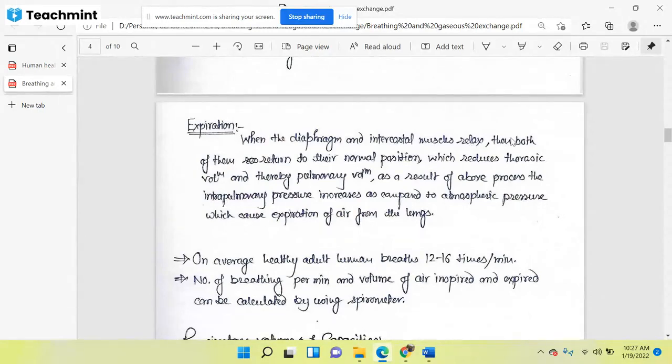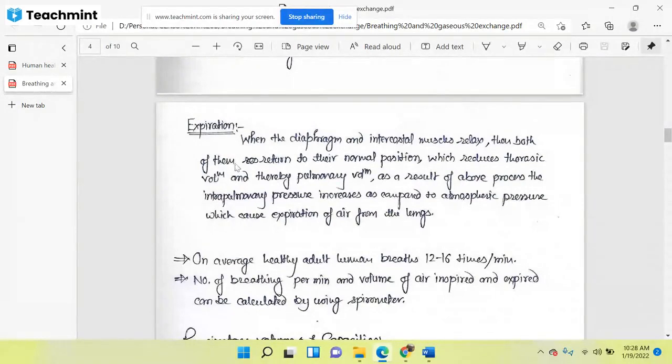Okay, then both of them return to their normal position. I told you, the diaphragm as well as the ribs will come to their normal position, which reduces the thoracic volume. So whatever expansion has taken place, whatever increment of the volume of the lungs, will be decreased.